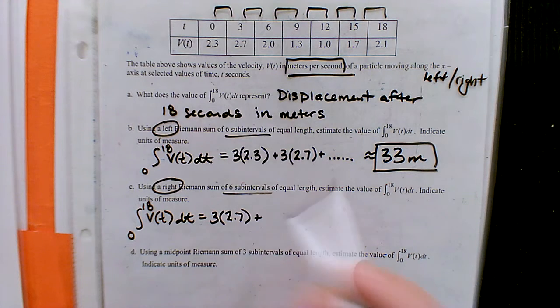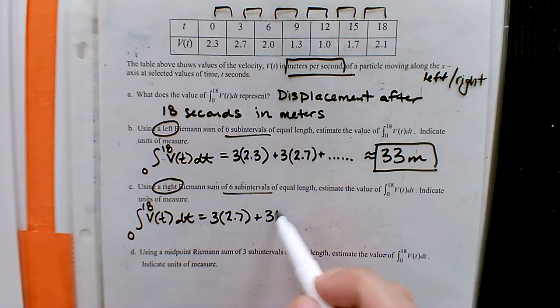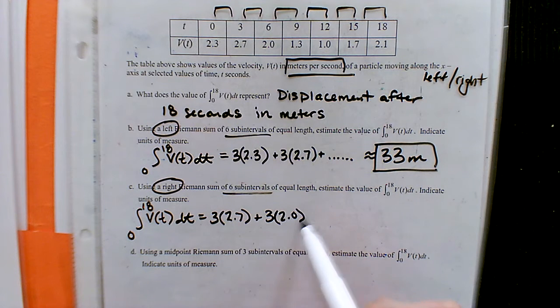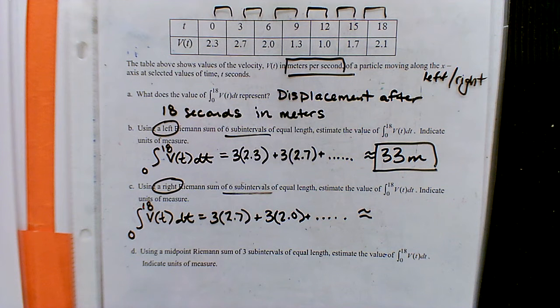The next rectangle would also have a base of 3 and a right endpoint of 2. So go ahead working through it. We'll get our approximation for this right-handed sum. It should be close to 33 after all. So maybe you can check your work that way.